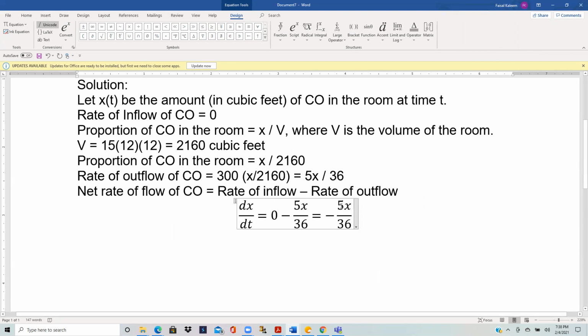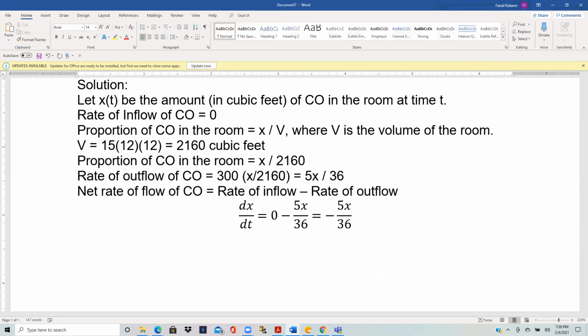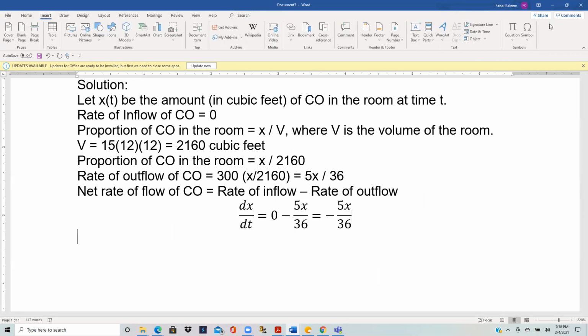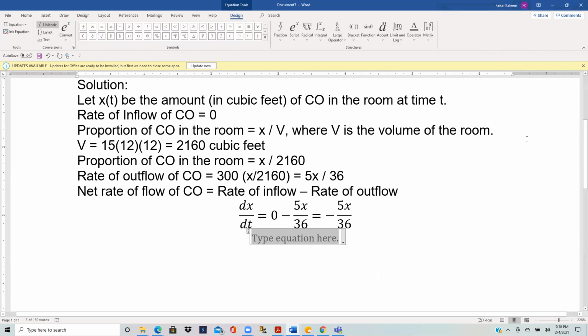So bring the 5x down with the dx: dx over 5x equals, on the right side, negative.